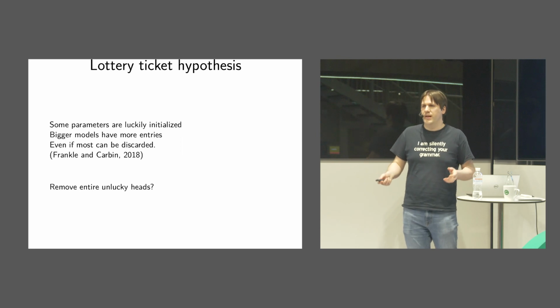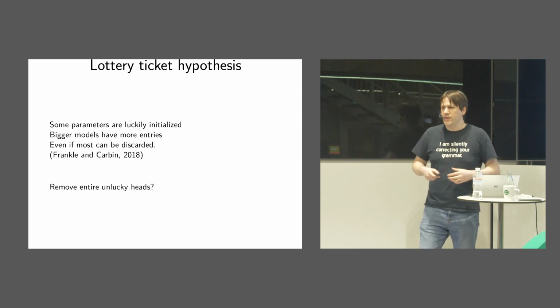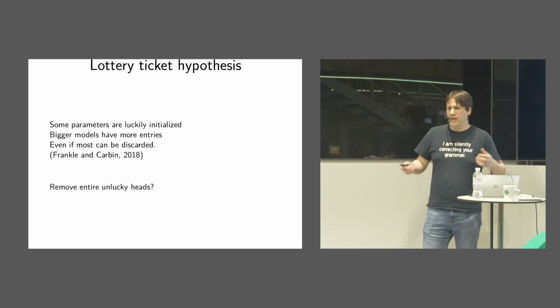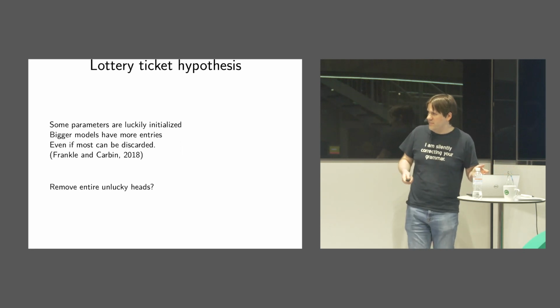However it was initialized, it might be a great parameter. So this is the idea that training a large model is actually benefiting from more entries rather than actually using all of the capacity of the model.